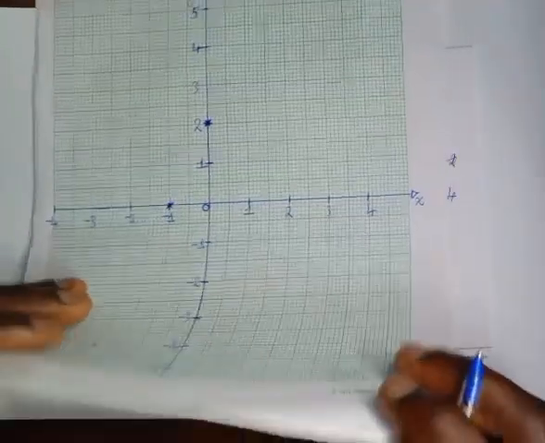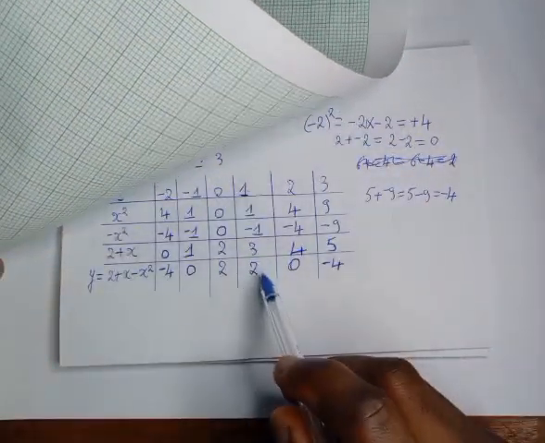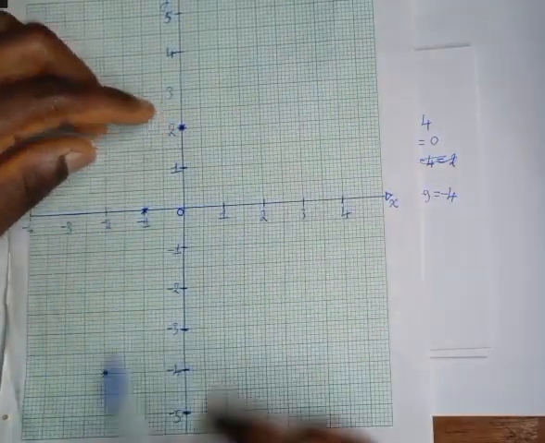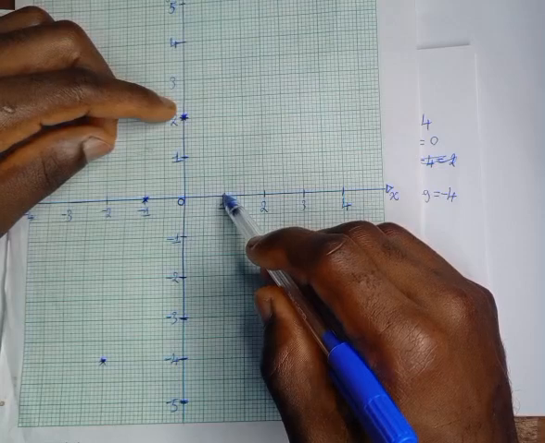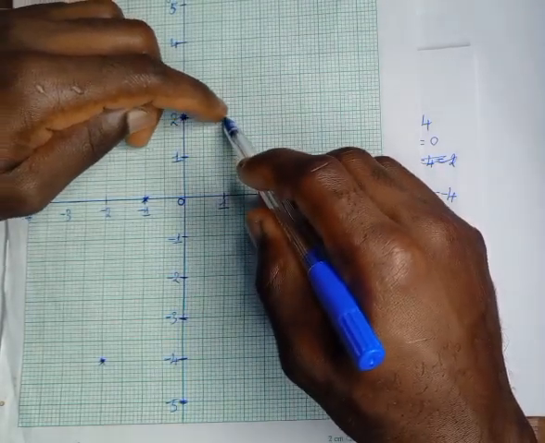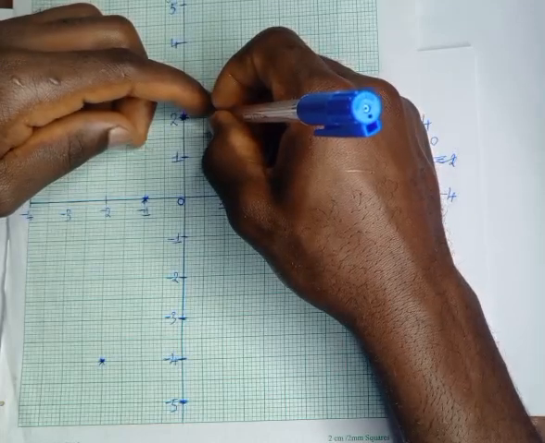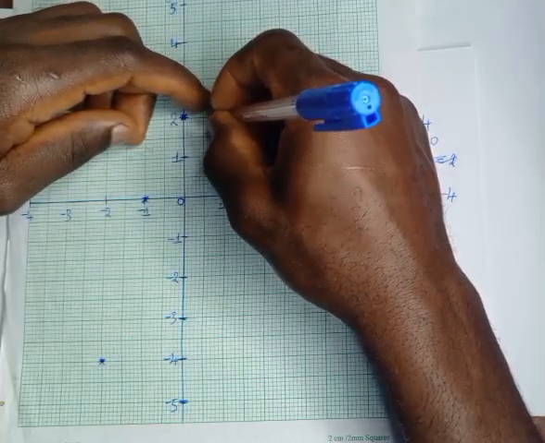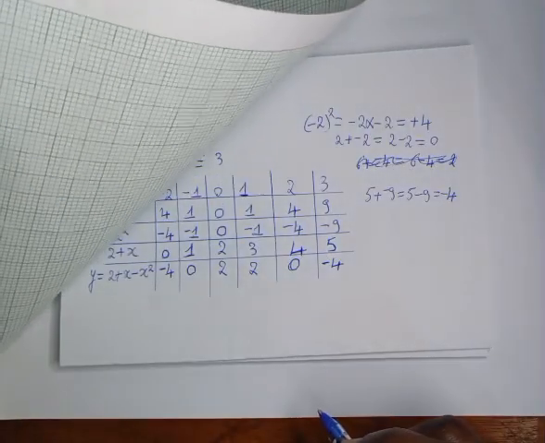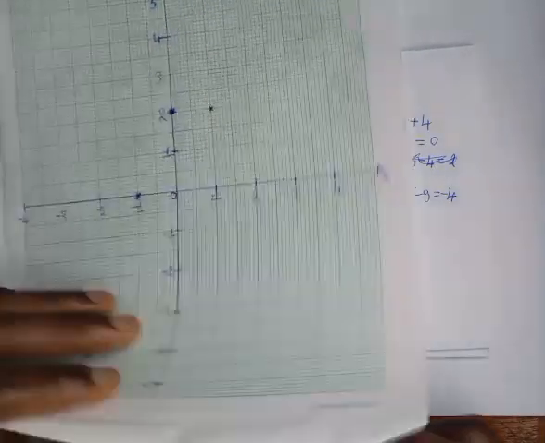We go now to the next one. When x is 1, y is 2. X is 1. Y is 2. They meet here. We put a star like this. Next, when x is 2, y is 0.